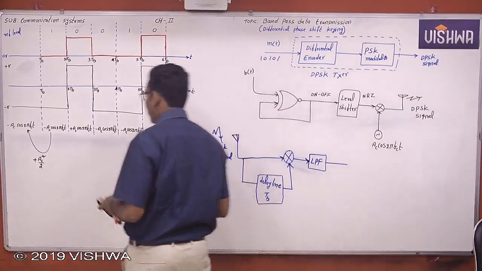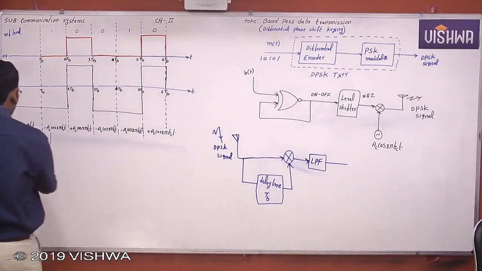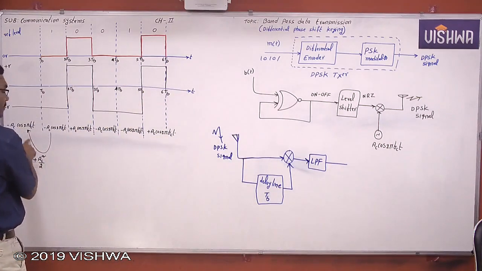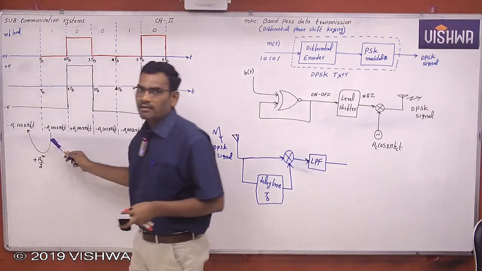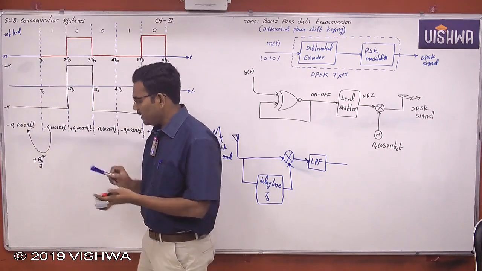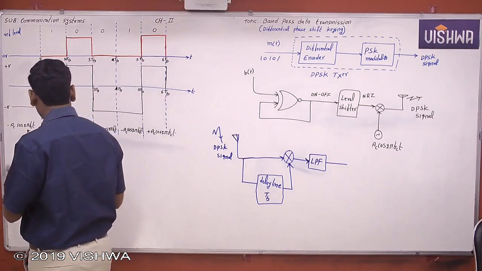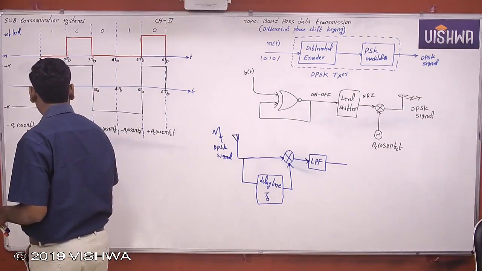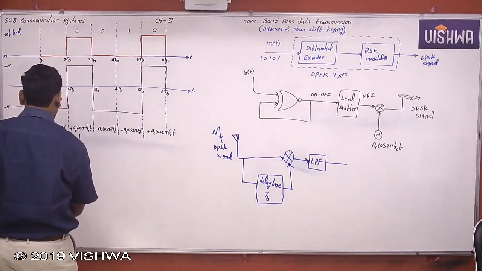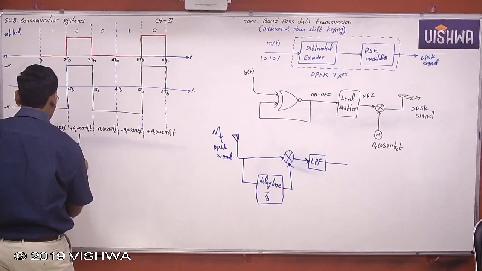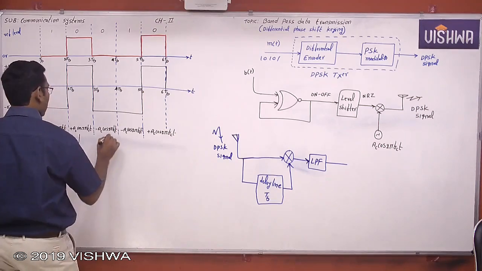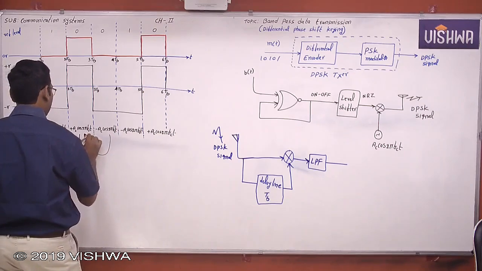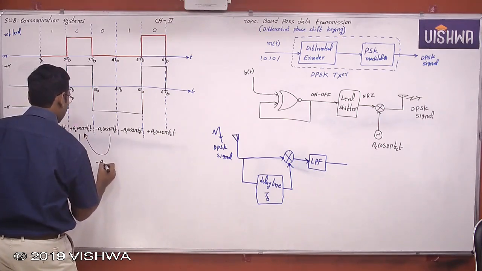What is the output of the low pass filter? See here. Minus into minus, plus Ac square by 2, plus cos 2 pi into 2fc, which is eliminated here. Now here plus into minus, minus Ac square by 2. Minus into plus, minus Ac square by 2.